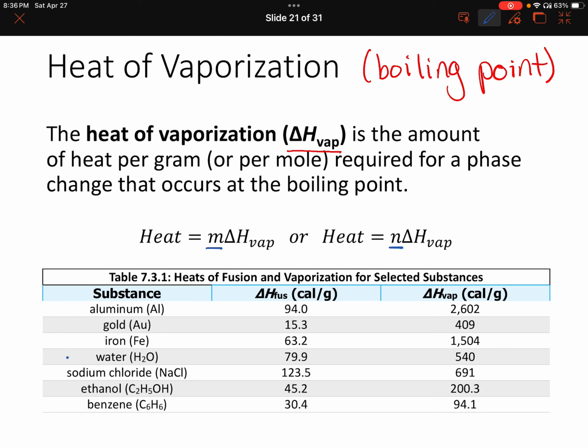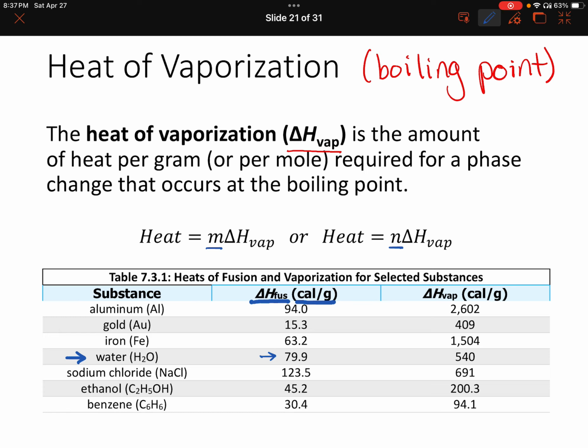And down below, you can see for water, delta H fusion, so the melting point value, is 79.9 calories per gram of water. So it takes about 80 calories of energy to melt a gram of ice.